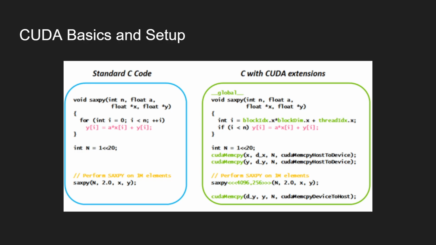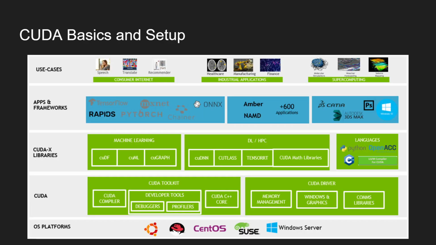So this is an example of the same code, but designed using GPUs instead. And as you can see, there are a few keywords. We have __global__, blockIdx, blockDim, and so on.